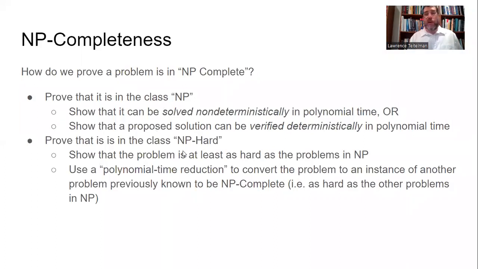The part that's hard and requires some creativity is showing that it's NP hard, because in NP hard, you're showing that it's at least as difficult as the other NP complete problems. So the strategy for that is what we call a polynomial time reduction, which means that in polynomial time, we can show that if we could solve the problem we want to solve, we could also solve problems already known to be NP complete, which means that we can solve every problem in NP complete, because if it's NP complete, that means it's at least as hard as every other problem that's there.